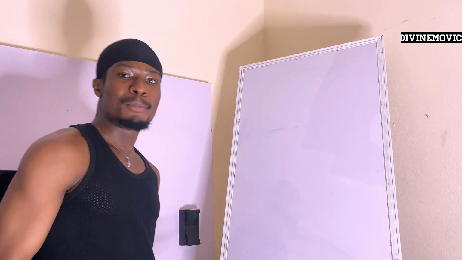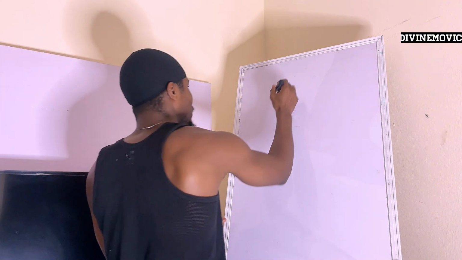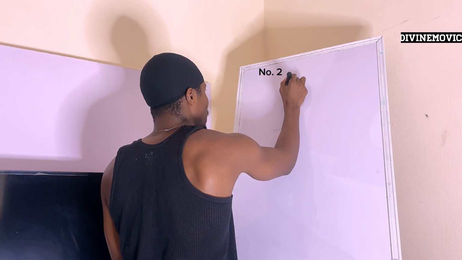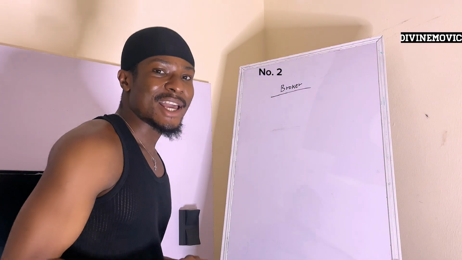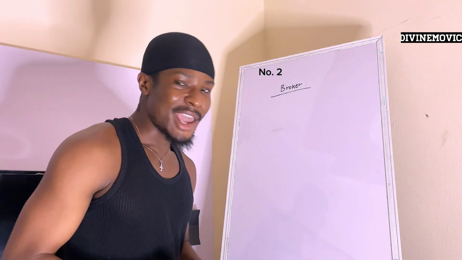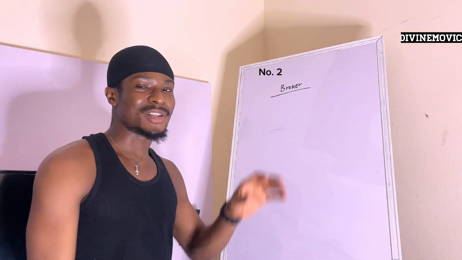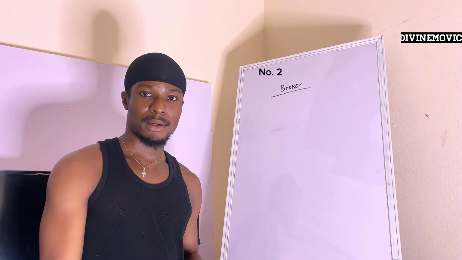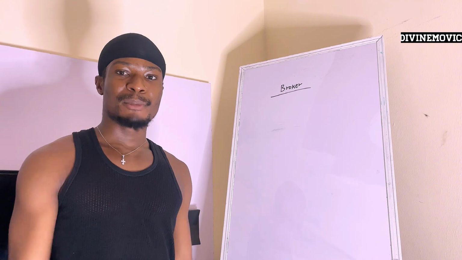Now, for you to be able to buy or sell any currency pair, there has to be a broker, right? A broker is simply a platform that gives you access to buy or sell any currency pair. What this means is you cannot just buy and sell currency pairs without having a broker.